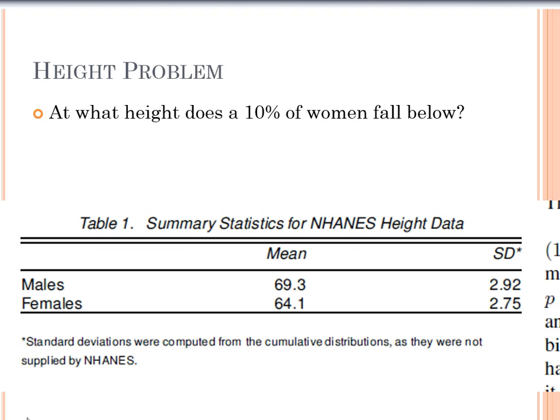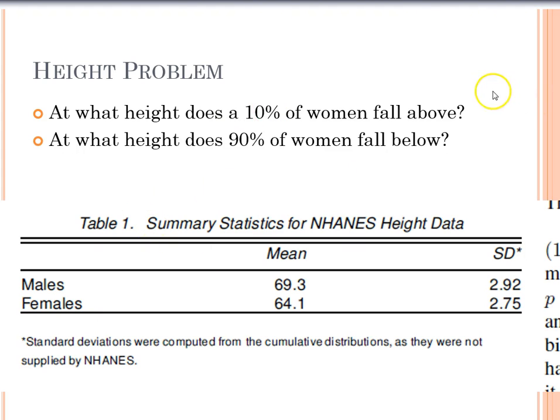The last important thing that I want to point out to you is that the problems that we've done in this video all focus on finding a height that falls below a certain percentage. And sometimes the problems that we're given, we're looking for something that falls in the upper tail or above a certain value. To attack these problems, you want to use that 100% rule.